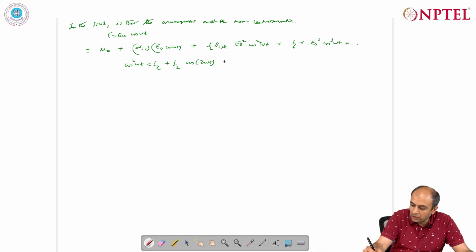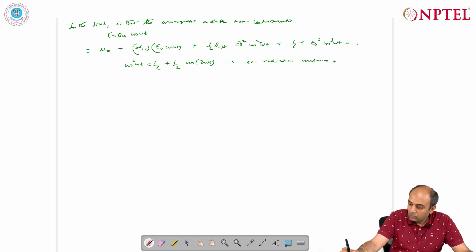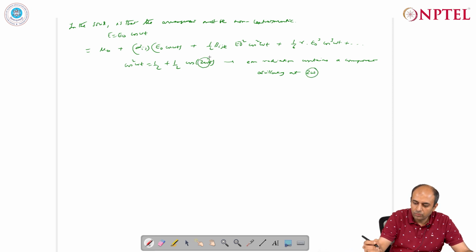So therefore we now see that the electromagnetic radiation contains a component which is oscillating at 2 omega, or twice the frequency.